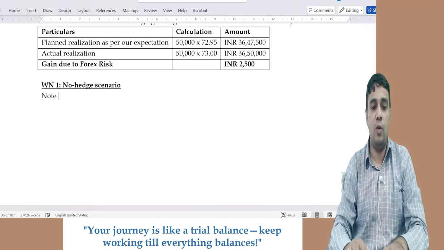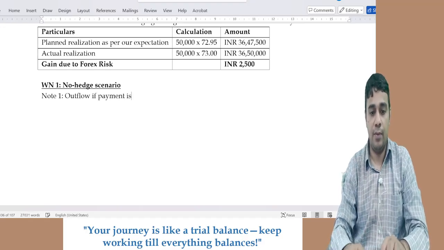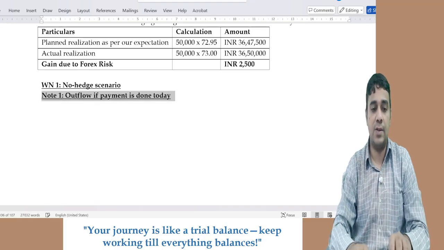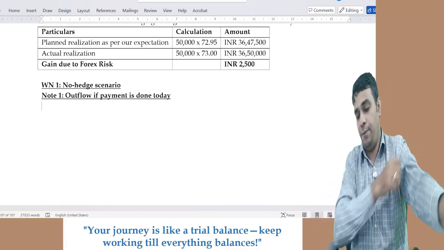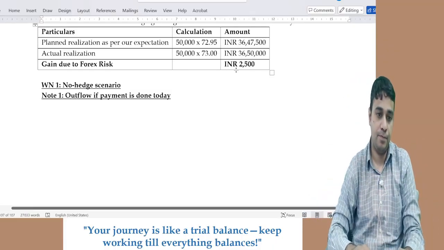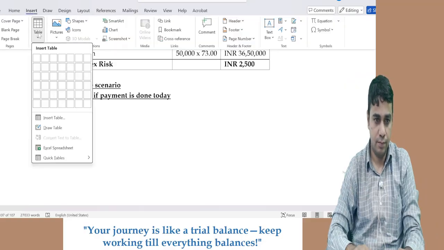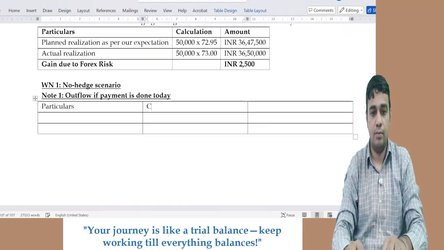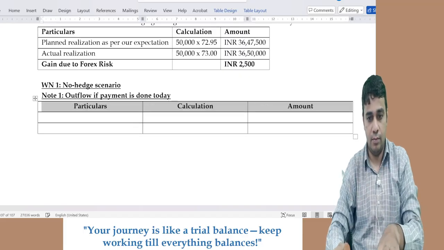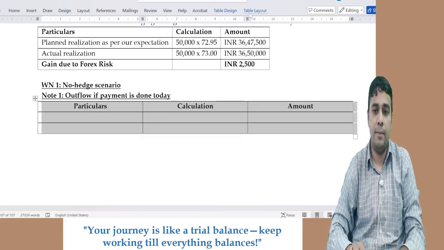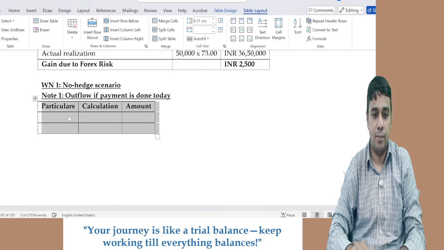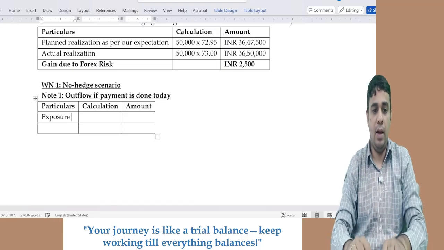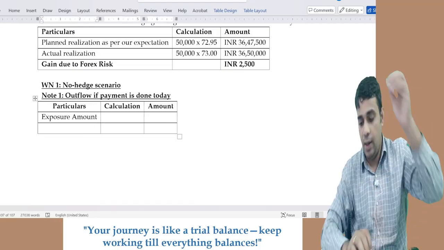Outflow, note 1, outflow if payment is done today. Exposure amount.